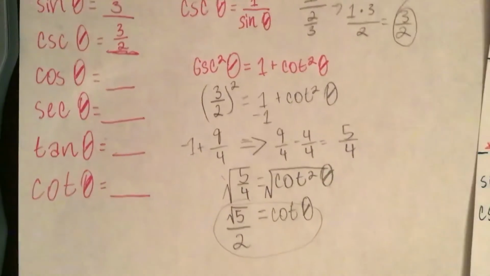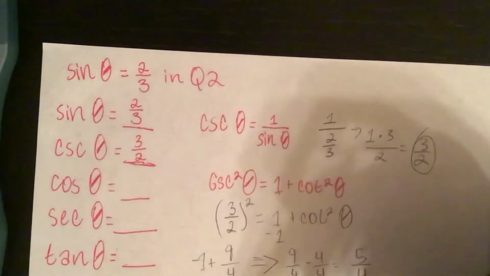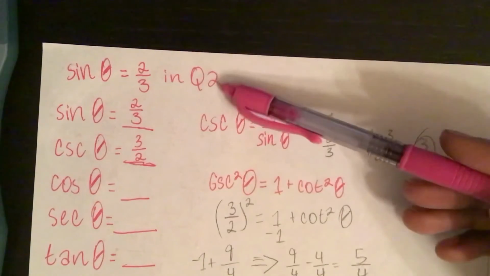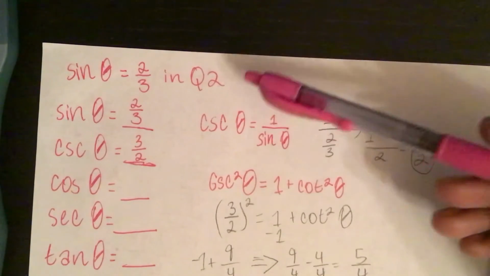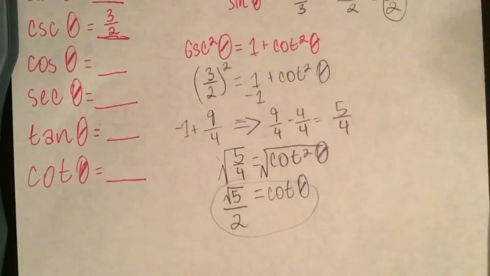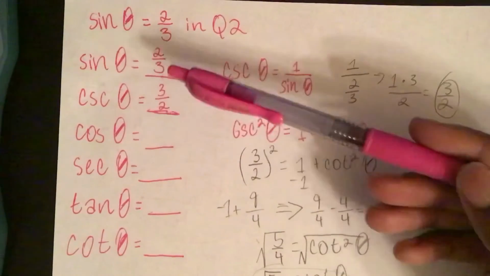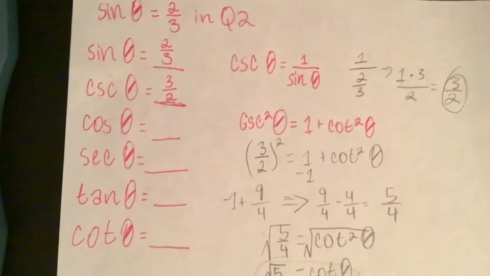But you have to remember that we're looking for the value of the cotangent of theta in quadrant 2. So in quadrant 2, the cotangent of theta is going to be negative because only sine and its reciprocal cosecant are going to be positive in quadrant 2.